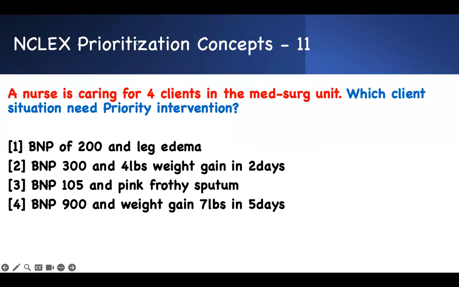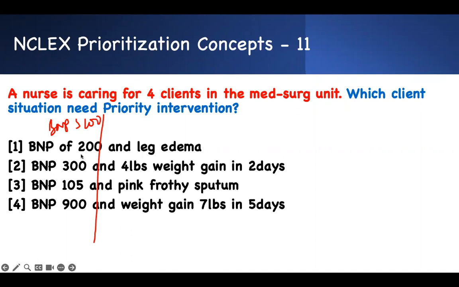Number 11, concept you need to know. A nurse is caring for 4 clients in the emergency room in the med-surg unit. Which client situation needs priority intervention? I said this to let you know how they can trap you. Think about it. They all have a BNP that is elevated. When the BNP is greater than 100, they have CHF.